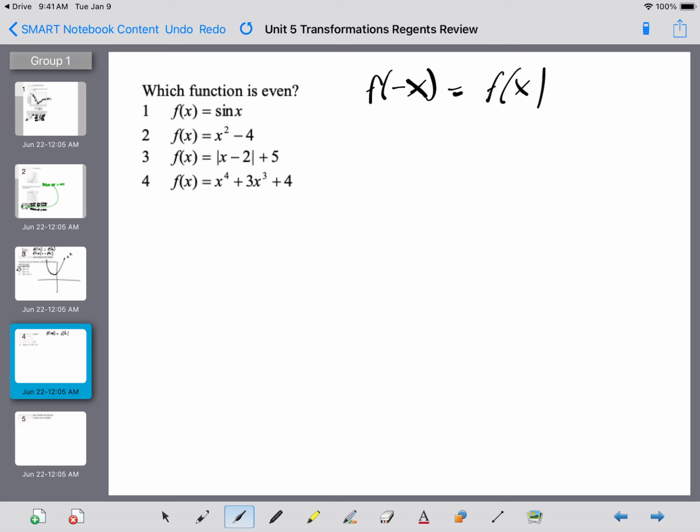So on the unit circle, we have 30, 45, 60. Sine is your y values. So remember 3, 2, 1, 1, 2, 3. Let's use 60 degrees. So we know that sine of 60 degrees is radical 3 over 2.